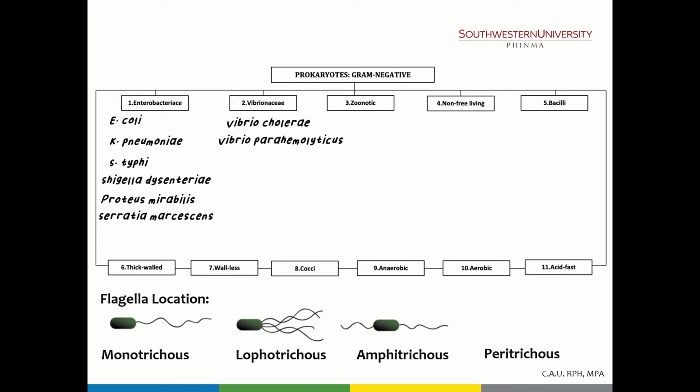Lastly is peritrichous. Peritrichous has flagella surrounding its body, just like the previous group we have discussed, which is Enterobacteriaceae. So, Vibrionaceae could either be monotrichous, lophotrichous, or amphitrichous.